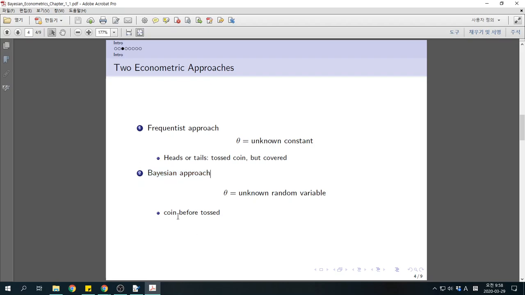But before the coin is tossed, is the head or tail random or non-random? Definitely it's random because it's not tossed yet, right?